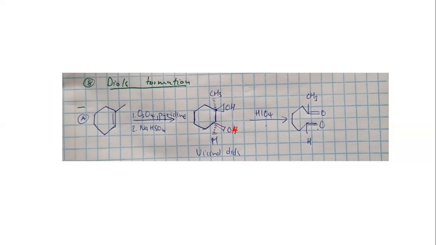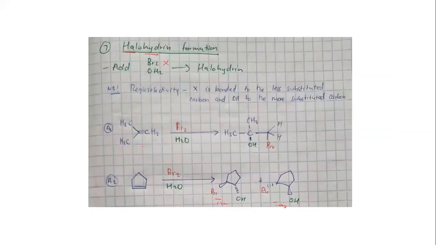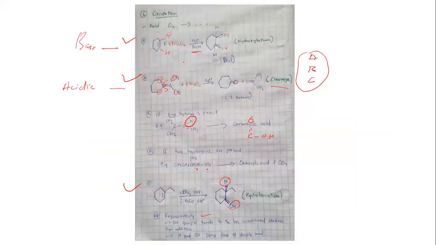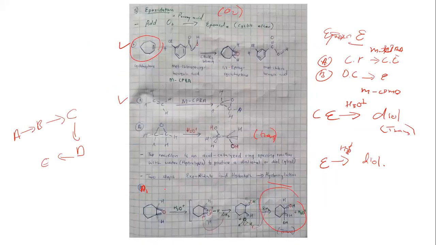Here's the thing. You need to be careful on how you form your diols. This is an alkene, two steps, and this is a diol, right?